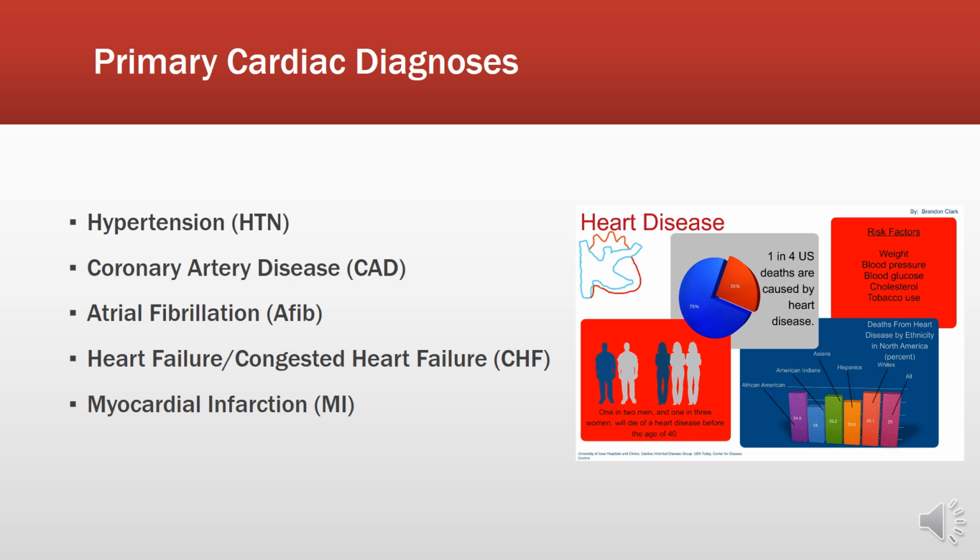Stage 1 hypertension is 140 to 159 systolic, or 90 to 99 diastolic. And stage 2 hypertension is 160 or more, or 100 or more for diastolic.